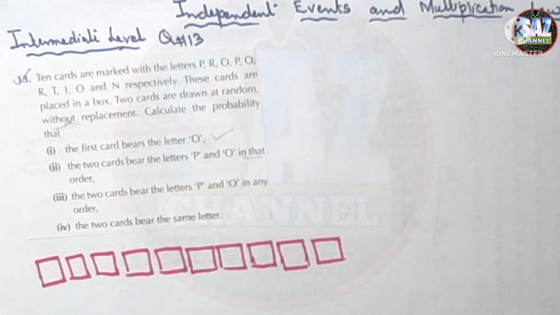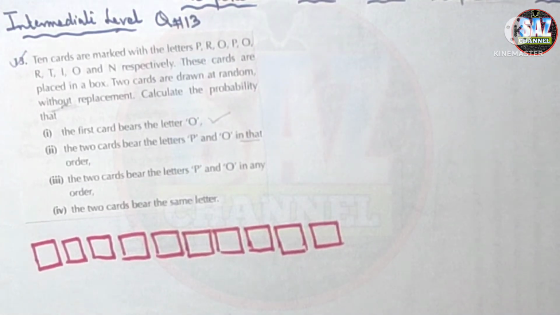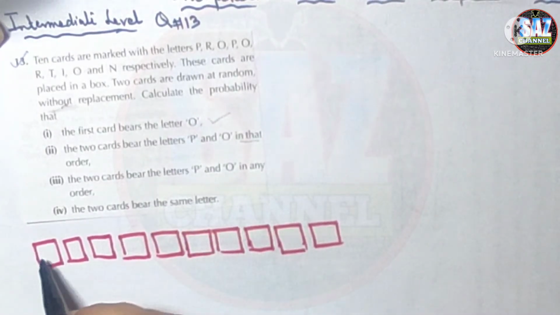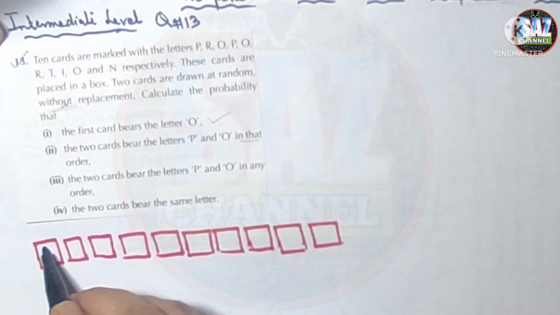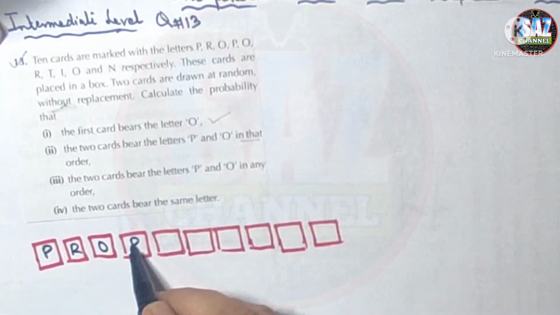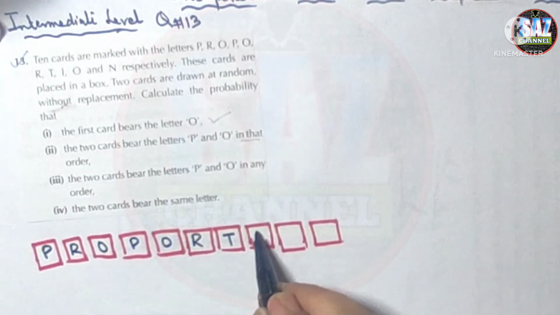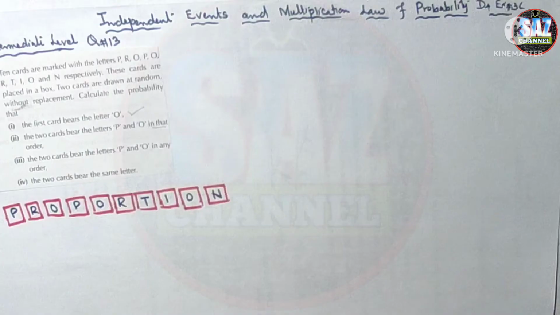So let's try to understand the question. The question is about some cards, and they are written with different letters like P, R, O, P, O, R, T, I, O and N. Okay, let's move to the understanding and solution of this question.